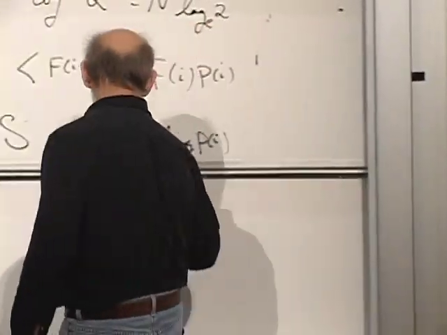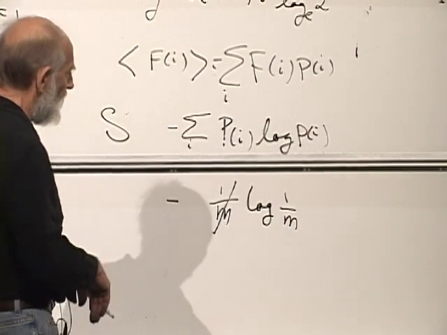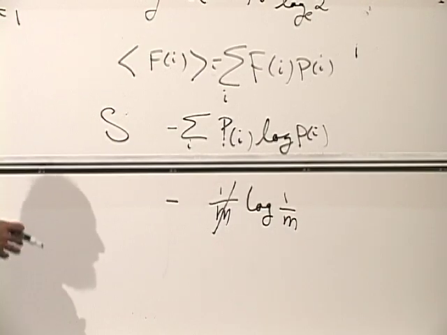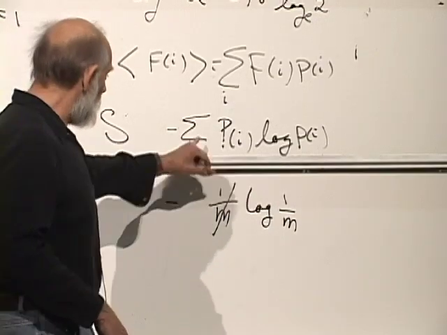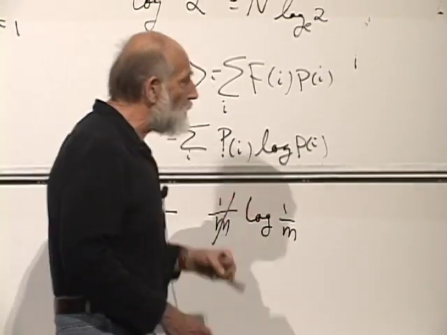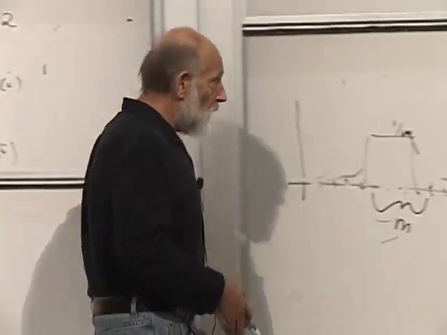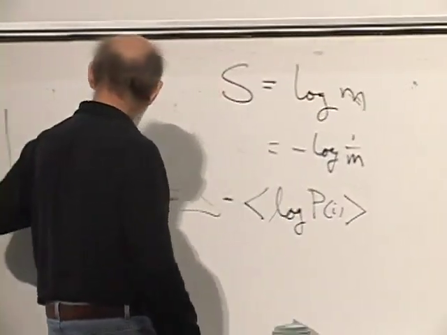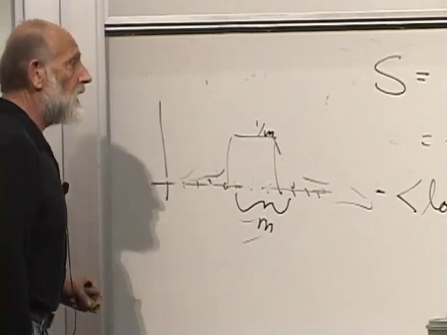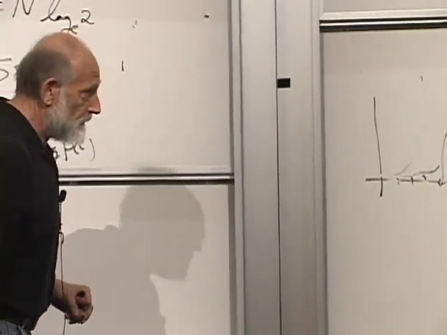That just cancels out this and gives us minus log 1 over m, which is the same as log m. So this formula, the average of the log of the probability, reproduces this formula for a square distribution like this, but it's more general.